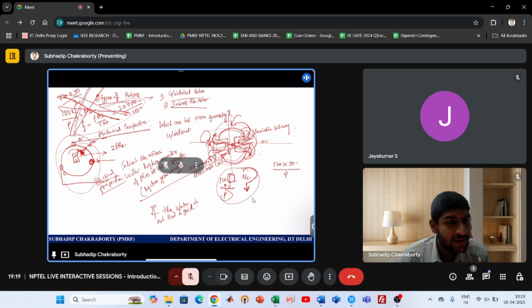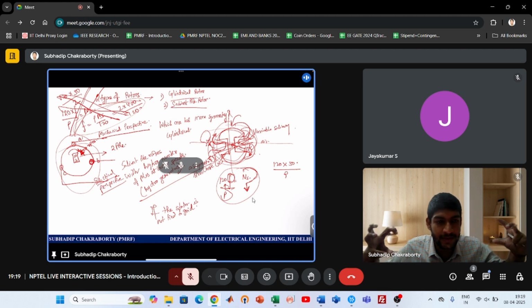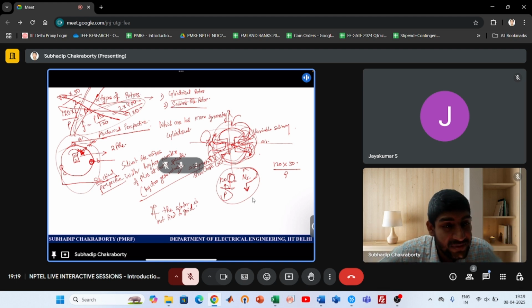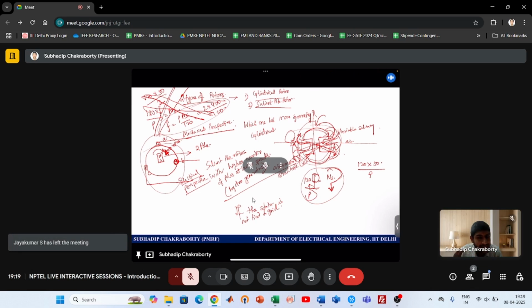Otherwise, the frequency of voltages induced will be different from that of the grid, and you cannot connect two AC sources with different frequency. So if your synchronous machine is tied to the grid, then you have no other option but to rotate at such a speed. You have to synchronize it with the grid, I mean the frequency. So the speed is fixed. NS is fixed if the machine is tied to the grid.